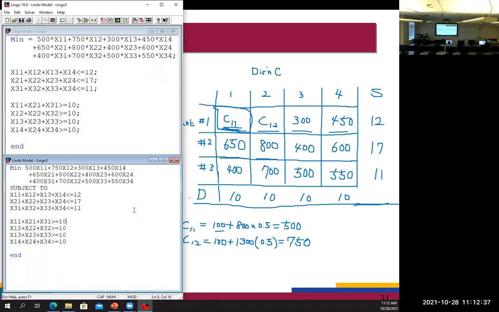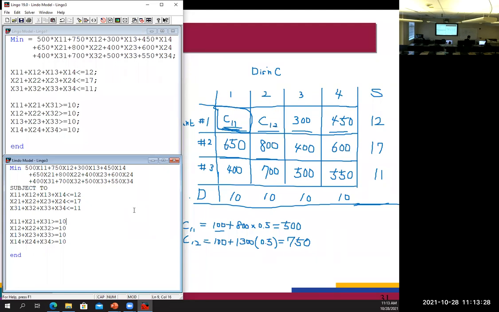I think I got something else. You got something else? I don't know if I'm doing it wrong, but it keeps telling me about an infeasible solution.